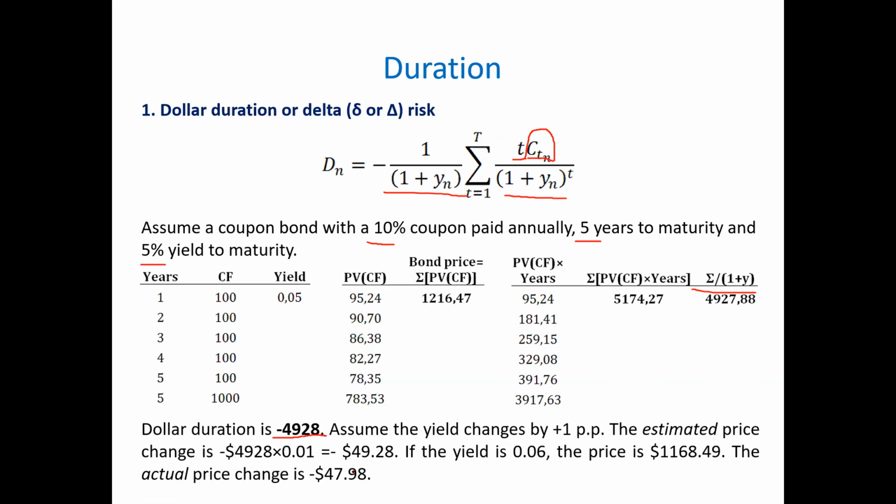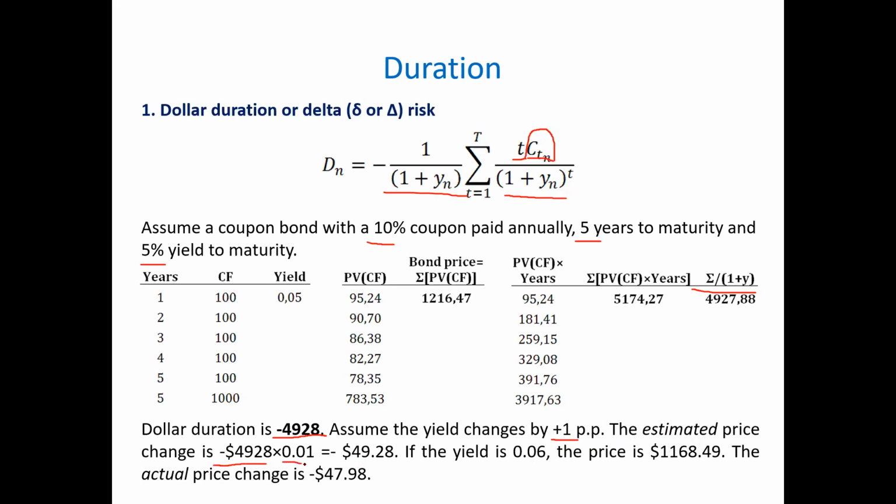4,928. So how can we utilize this number in order to understand by how much the bond's price changes with respect to a change in the yields? So we assume a small change in the yields, not infinitesimally small, just small. For example, 1 percentage point, from 5% to 6%, from 10% to 11%, etc. So you simply need to multiply duration by the actual change.